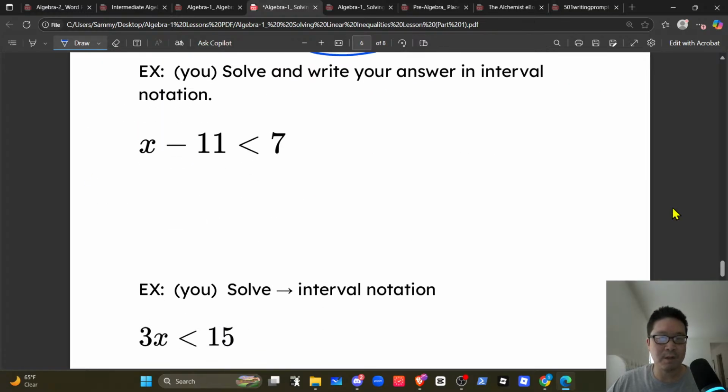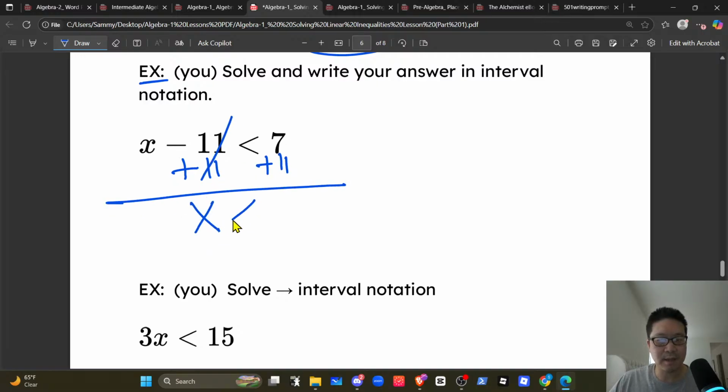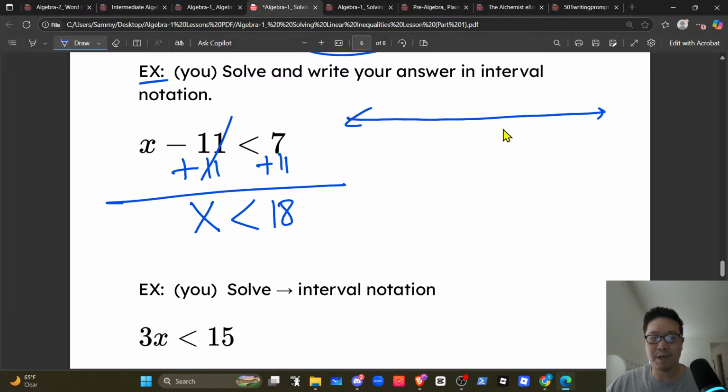Okay, let's try another one. We have x minus 11 less than 7. To isolate x, we're going to add 11 to both sides. That's going to leave us with x less than 18. On the number line, we have 0, and somewhere over here we have 18.